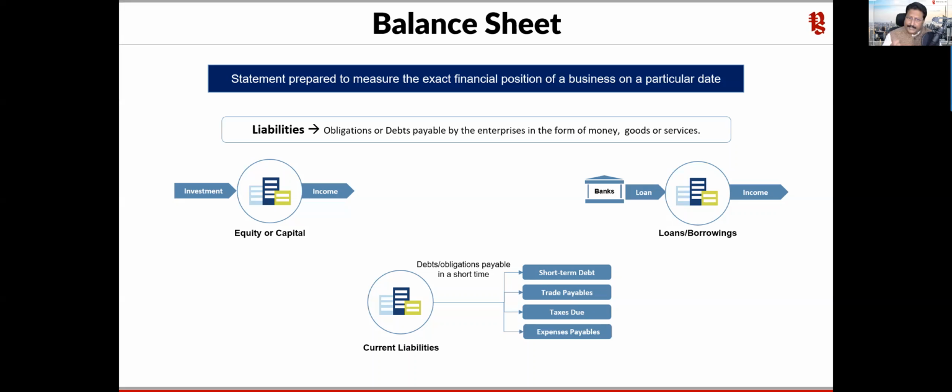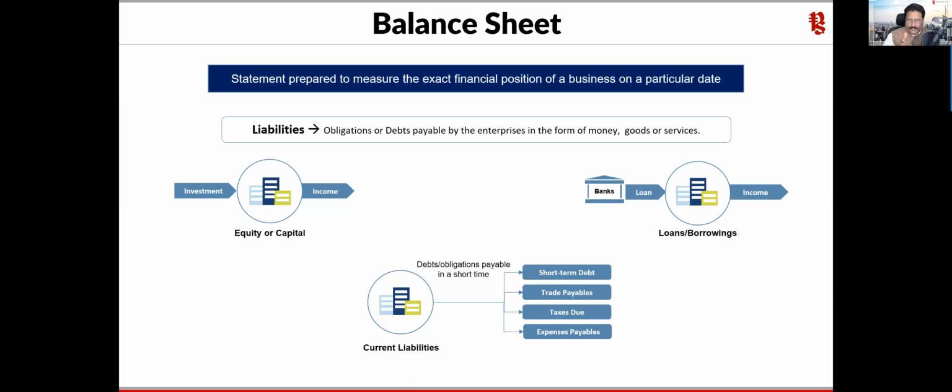I had discussed the implications of not paying your vendors on time in my previous session, right? So these are represented in a logical manner, and this type of representation of your liabilities is basically called the order of liquidity, right?